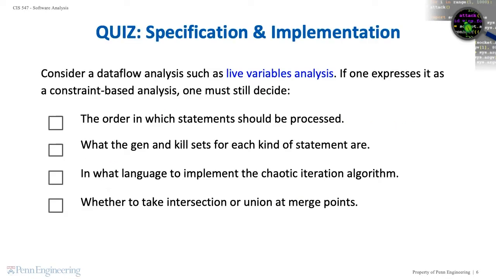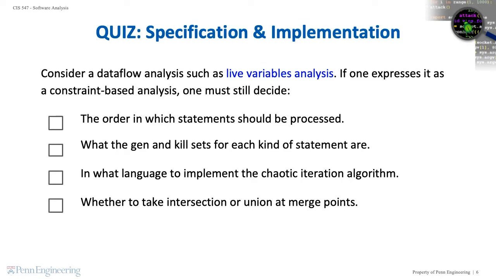To illustrate the difference between the specification and the implementation of a program analysis, let's look at the following quiz. Consider a data flow analysis such as live variables analysis. If this analysis is expressed as a constraint-based analysis, which of the following must the analysis designer still decide upon?